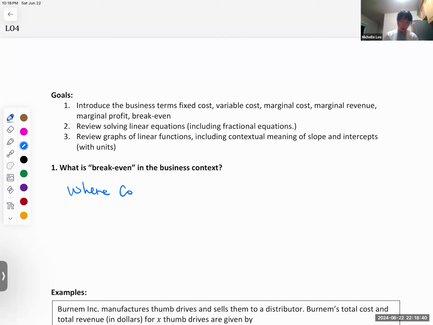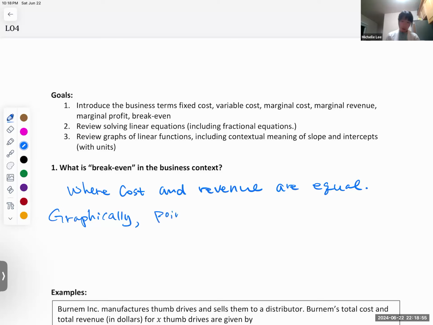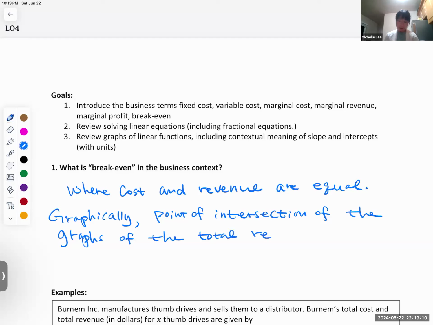Where cost and revenue are equal. Graphically, point of intersection of the graph of the total revenue function and the total cost function.